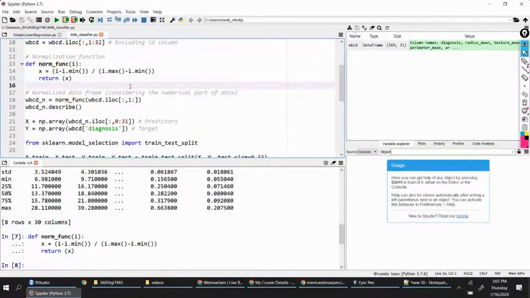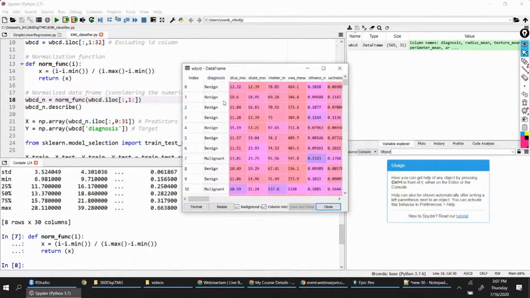And we have to pass this normalize function to the numeric values of the original data, WBCD. 1 colon, because the first column is anyway the diagnosis. How can you measure the maximum and minimum range?